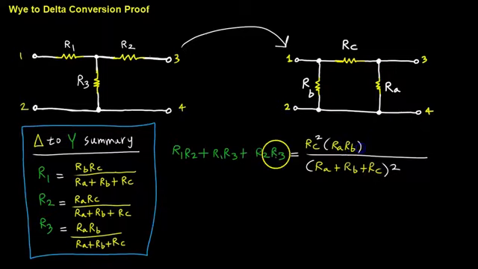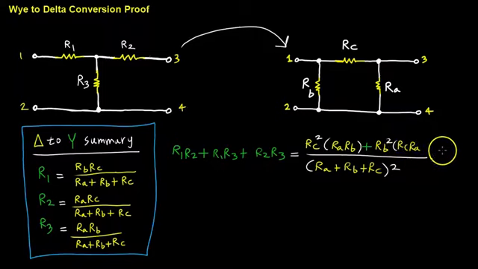Then we're going to go to the next terms, R1 and R3, which is going to give us RBRC times RARB. So now it's going to be RB squared times RCRA.